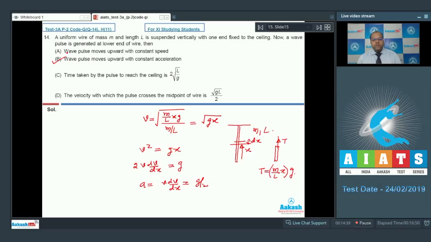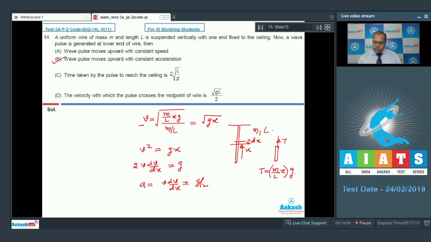In option A, the wave pulse moves upward with constant speed. If I look at the function of speed, it is proportional to under root of x. So option A is wrong and B is correct. Now in option C, the time taken by the pulse to reach the ceiling.